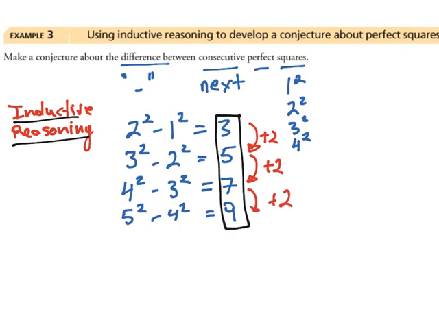But also identify that if you look at the digits 2 and 1, we'll get 3. 2 plus 1 is 3. 3 plus 2 is 5. 4 plus 3 is 7. And 5 plus 4 is 9.